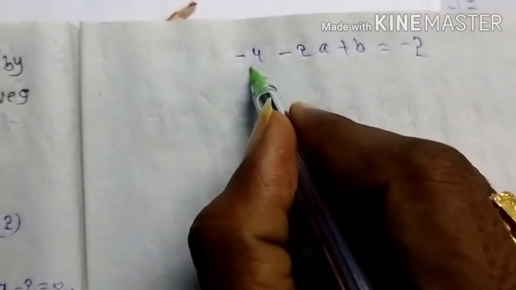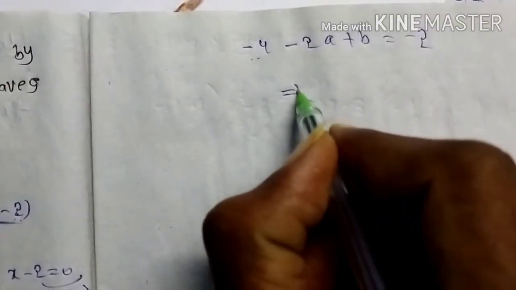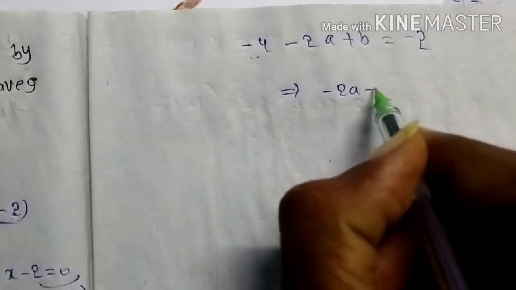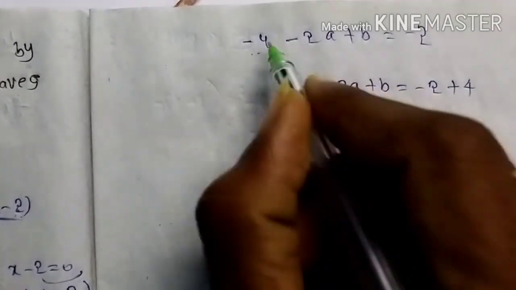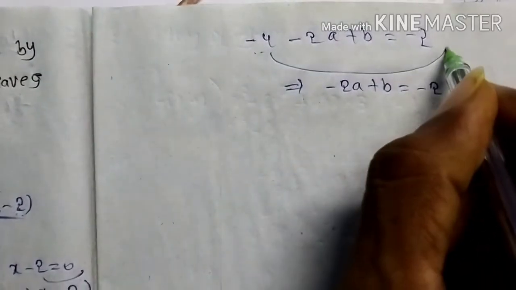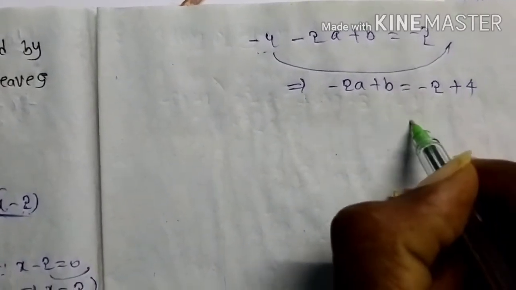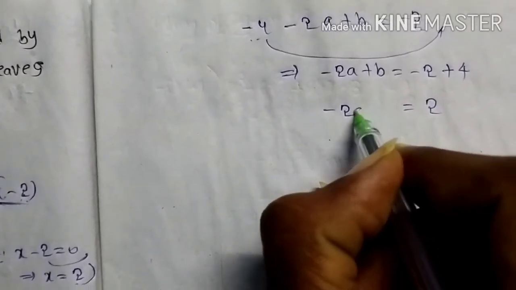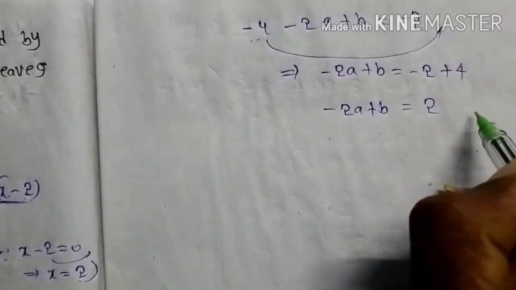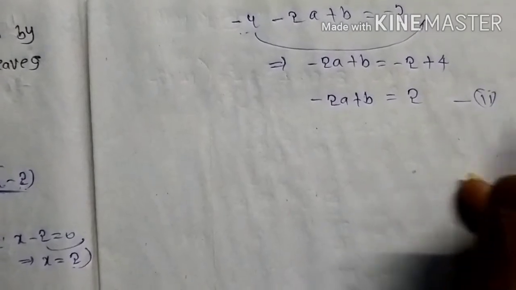That means you can transpose minus 4 to the RHS. Implies, minus 2a plus b is equal to minus 2 plus 4. Why? Because if I am transposing minus 4 to the RHS, you get plus 4. Minus 2 plus 4 means you are getting 2. That means minus 2a plus b is equal to 2. This is the second equation.